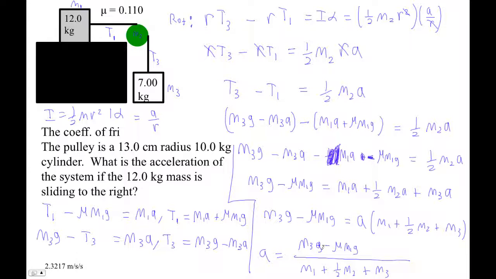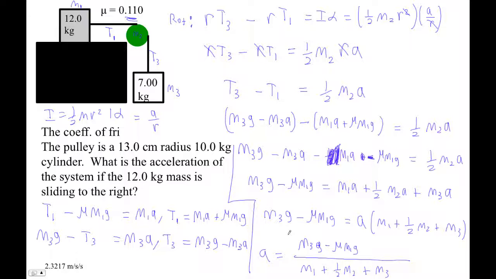Now let's plug in these numbers. Are you ready for this? I don't have room to show the substitution, so I'll just say it out loud. m3 is 7, so I'm going to go parentheses 7 times 9.81 minus 0.11, our coefficient of friction, times 12 times 9.81. That's the end of the numerator.